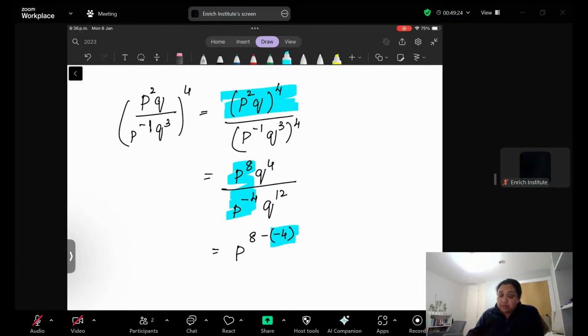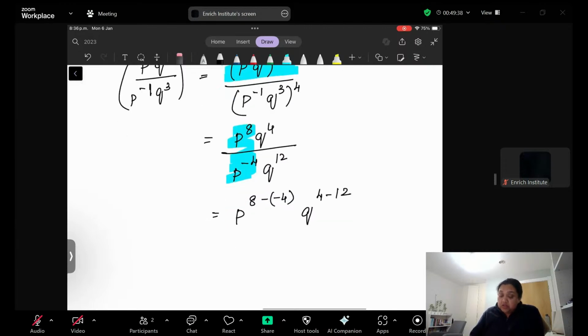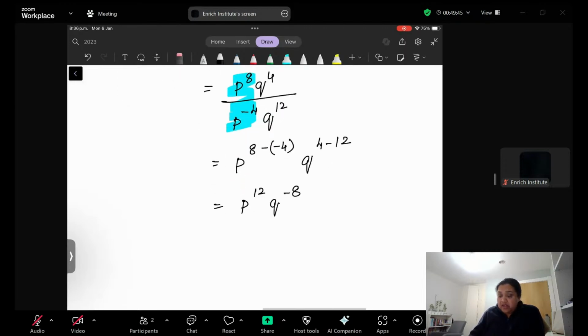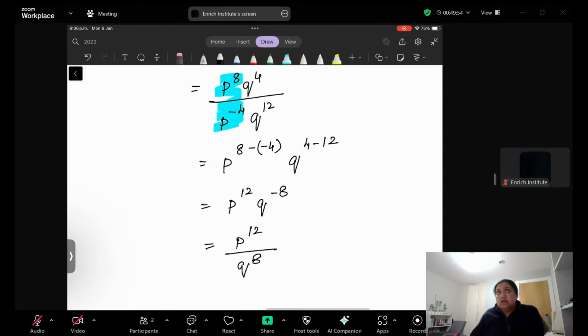That subtraction is pretty important, and that is why I wrote 8 minus minus 4. And then the second part becomes q to the power of 4 minus 12. So then this will become p to the power of 12, q to the power of minus 8. I can write this as p to the power of 12 divided by q to the power of 8. I can eliminate the negative sign here. The better method of writing is without a negative sign.